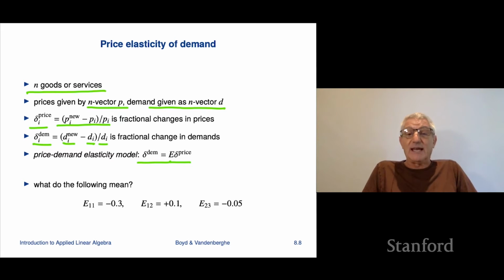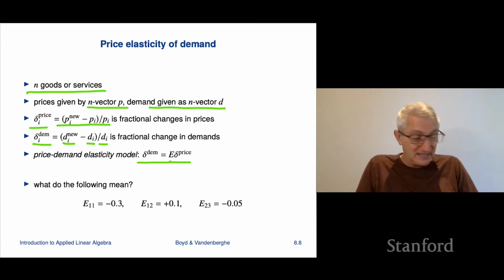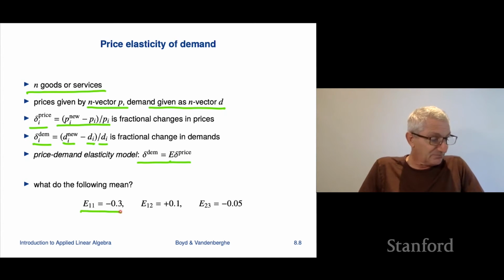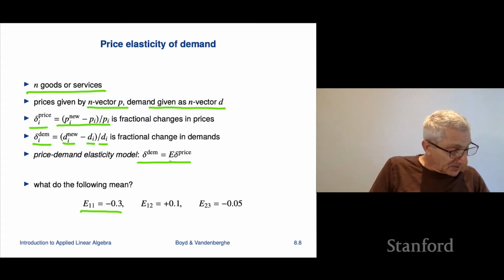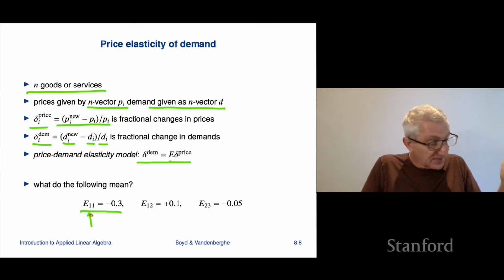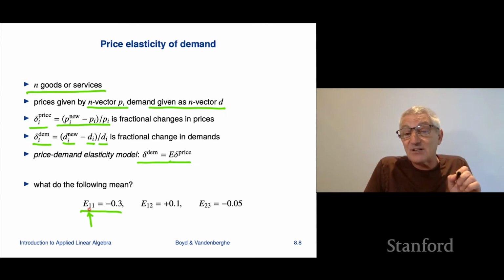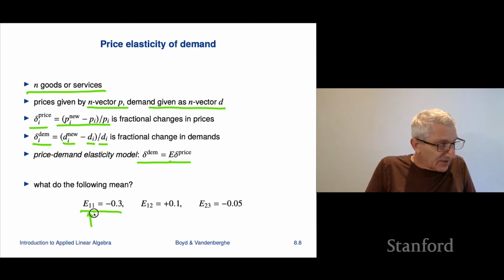It's called the elasticity matrix, and it's highly interpretable, and it's very important to understand what it means. So, for example, E11 is minus 0.3. What does that mean? Well, E11 tells you how much the demand for item 1 changes per fractional change in the price of item 1?